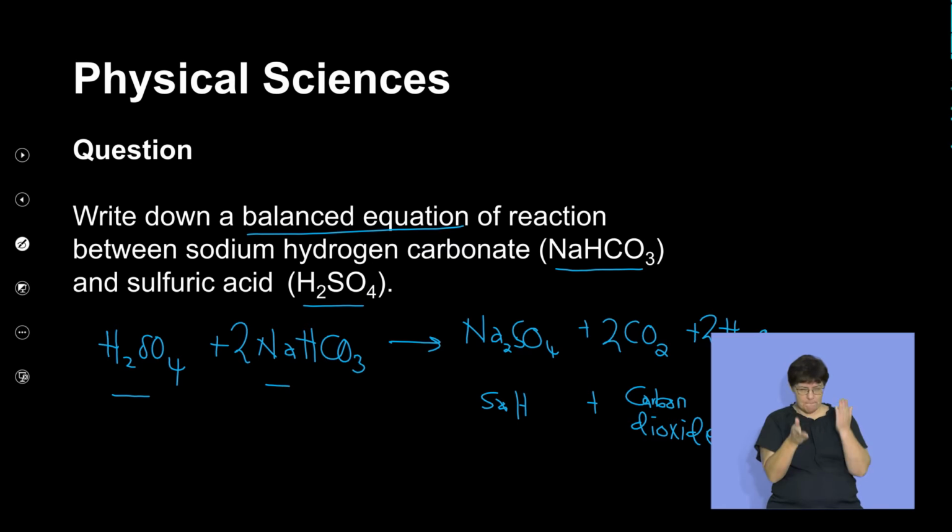if indeed our reaction is balanced, I think it would also give us the stoichiometric ratio in which these substances react with each other. So a mole of sulfuric acid reacts with 2 moles, right, of the sodium hydrogen carbonate to form 1 mole of the salt, 2 moles of carbon dioxide, and 2 moles of water.